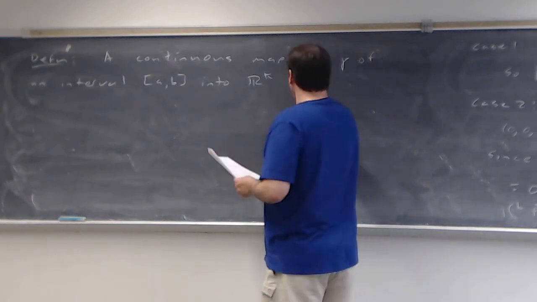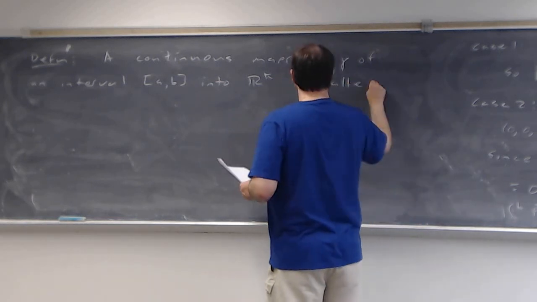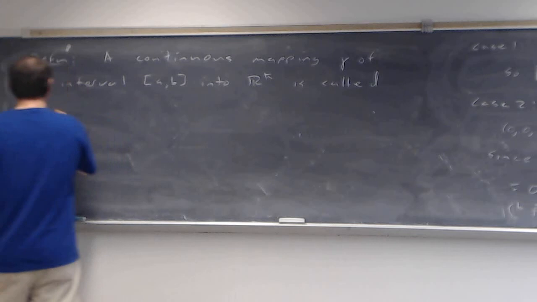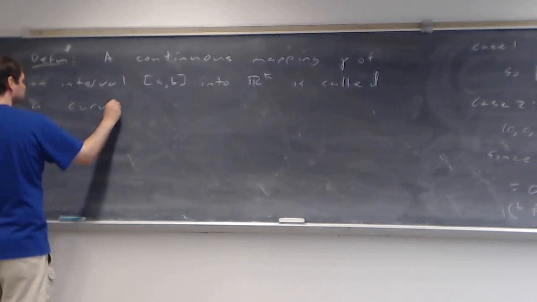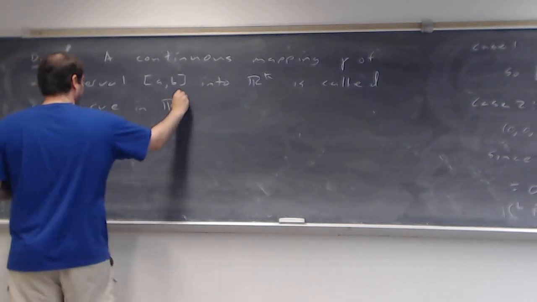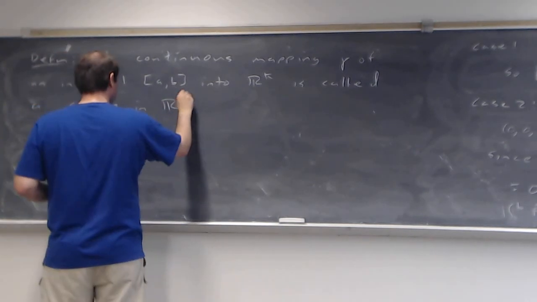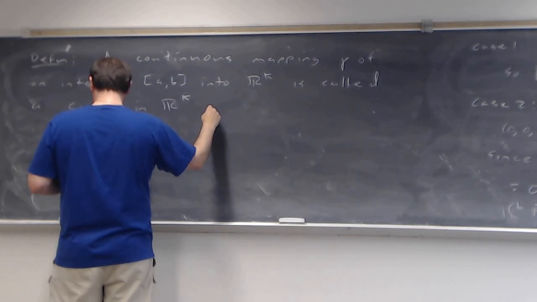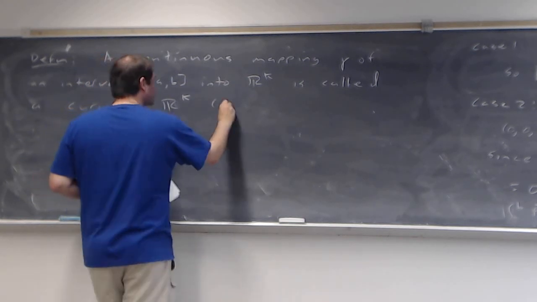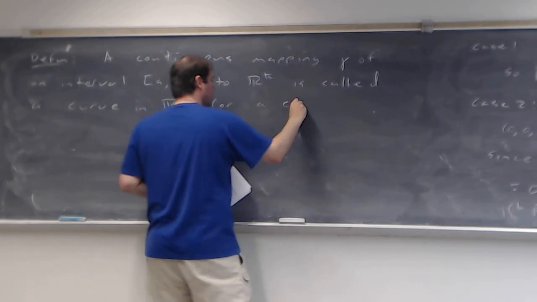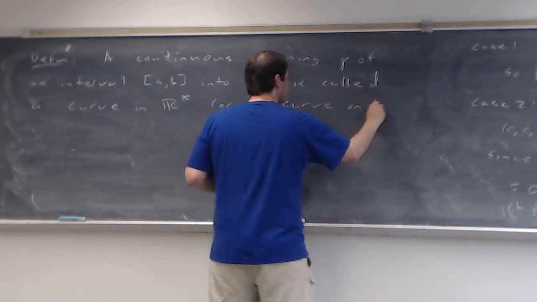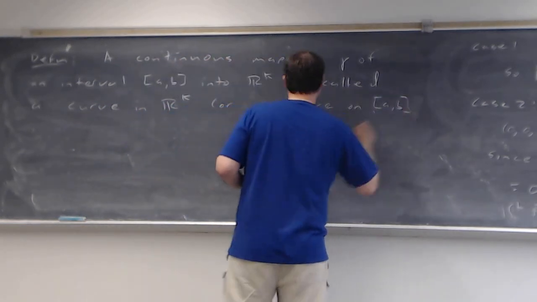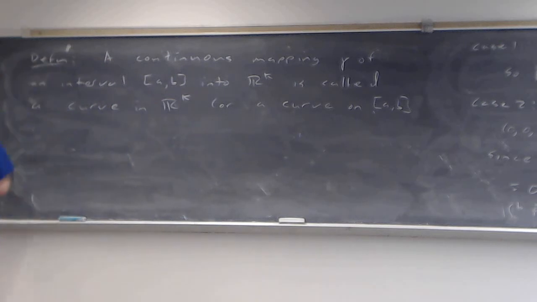It is called a curve in R^k, or sometimes it's called a curve on a to b. That's our first definition. And here's another definition.